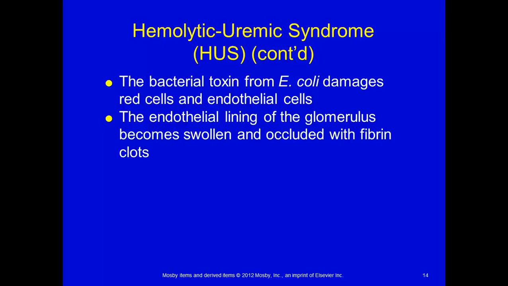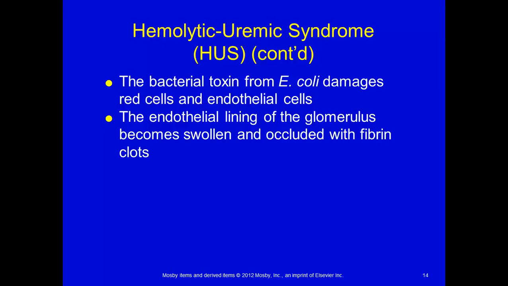So the endothelial lining, when it becomes damaged, becomes swollen and gets occluded with fibrin clots. These narrowed glomeruli, occluded with these little microclots, actually damage the red blood cells as they try to pass through the glomerulus. It even breaks down some of those red blood cells.